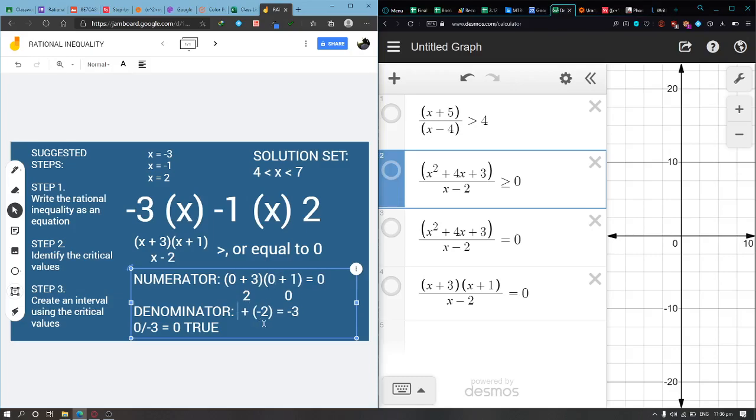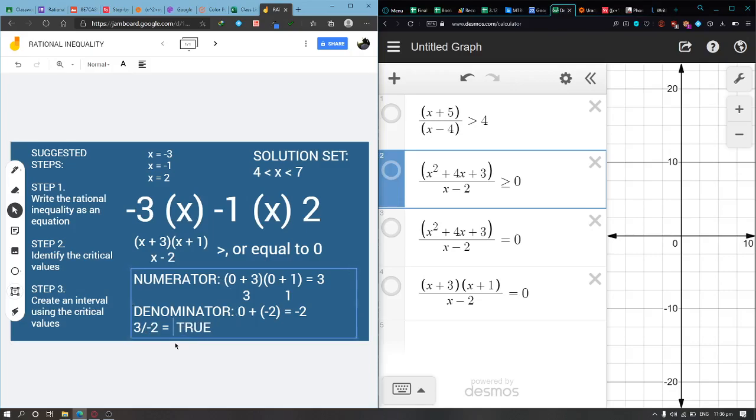So, if 0 yan, tingnan natin kung anong lalabas. 0 plus 3 is equal to 3. 0 plus 1 is equal to 1. So, 3 multiplied by 1 is equal to 3. Denominator natin. So, 0 plus negative 2, negative 2. Anong itsura ng ating fraction? It is 3 and negative 2.